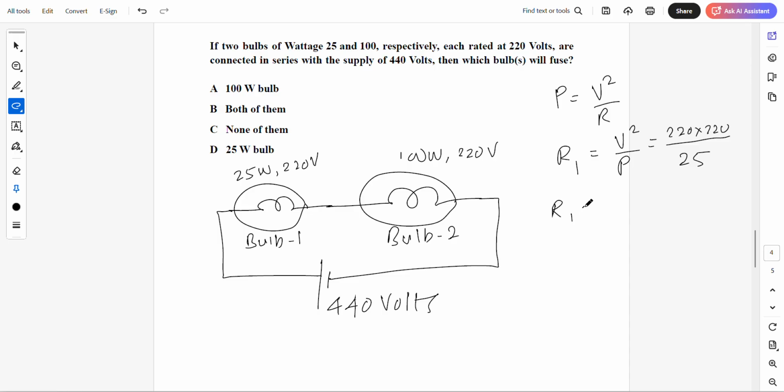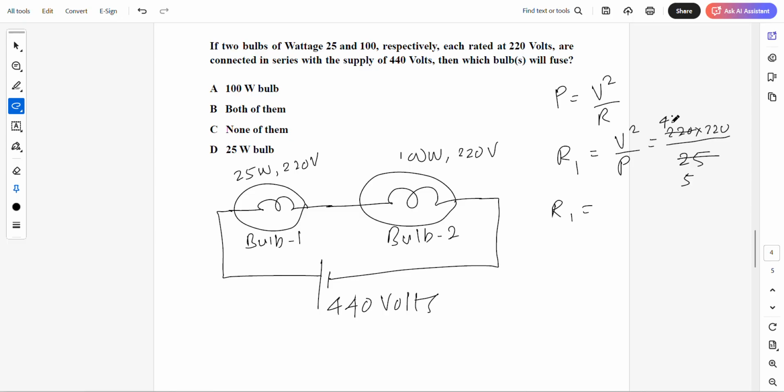Okay, R1 will be equal to how much? 5 5s are 25, 4 5s are 20. Again it will be 5, so 4 5s are 20.